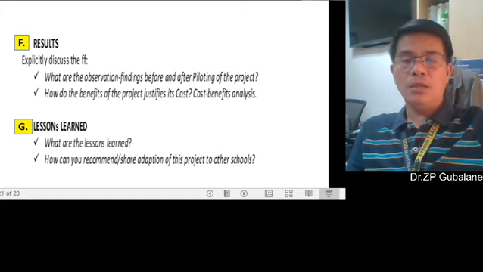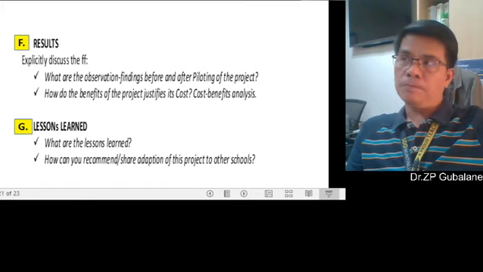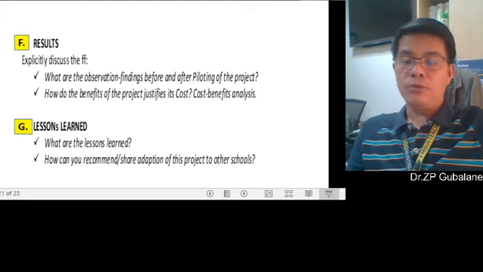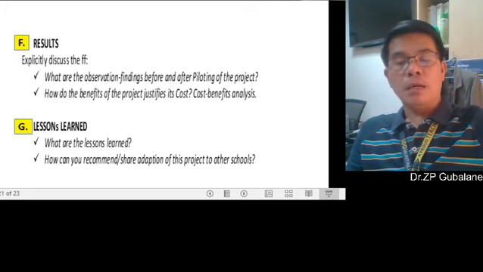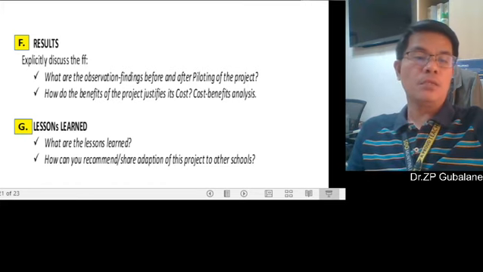Kasi that is the only way you can also improve. Now, if you acknowledge your failure, then it is easier for you to think of remedy, to think of solution, no? Then G, lessons learned.